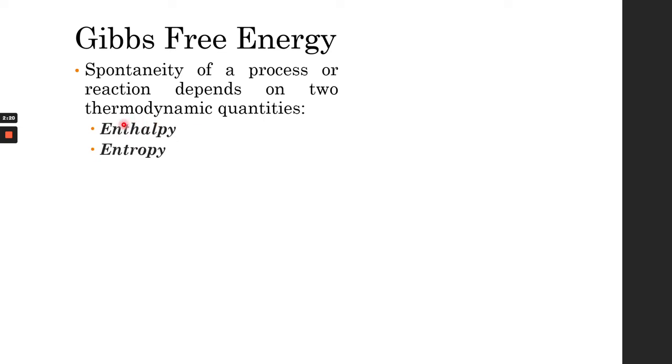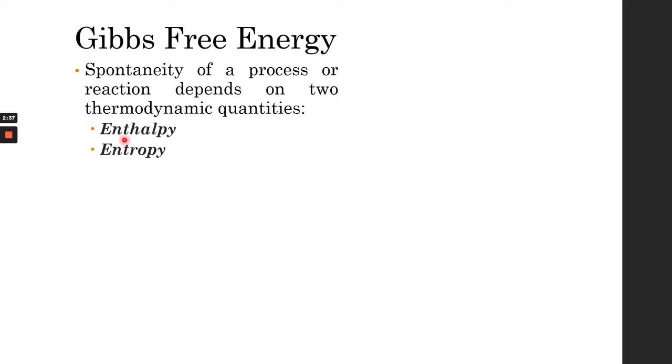If the system has a positive entropy, we usually denote that as being spontaneous, and if it has a negative entropy, it usually means it favors the reactants, which means the reaction is non-spontaneous.